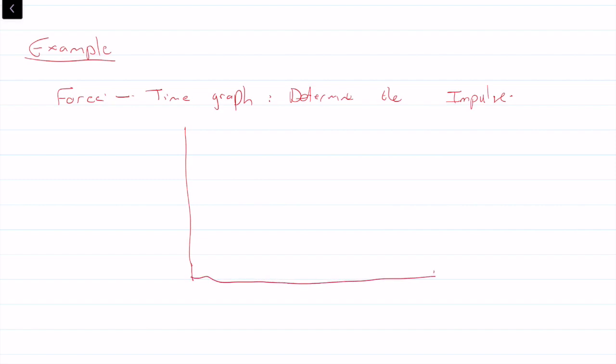It goes from 0, 10, 20, 30, 40, 50 on the time axis, and the vertical axis is newtons, going up in 10, 20, 30, 40, 50. At 25 we reach 50, and it looks like a nice triangle.